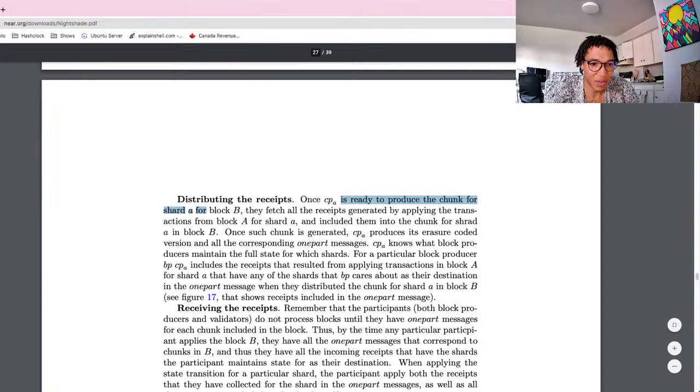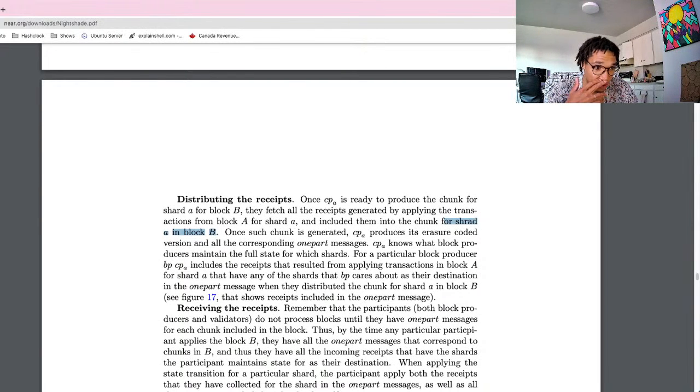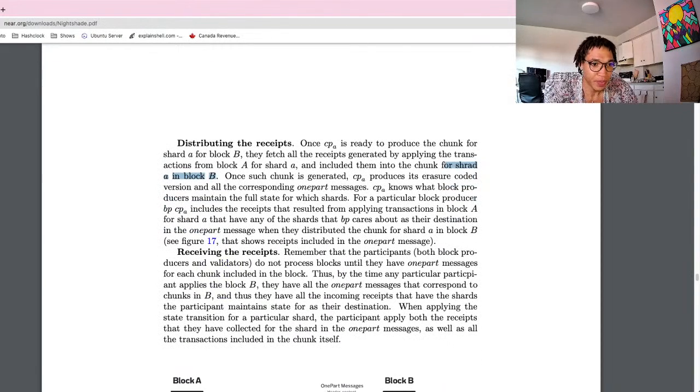Include them for shard A and block B. Once such chunk is generated, the chunk producer for A produces its erasure-coded version and all the corresponding one-part messages. The chunk producer for A knows what block producers maintain the full state for what shards.